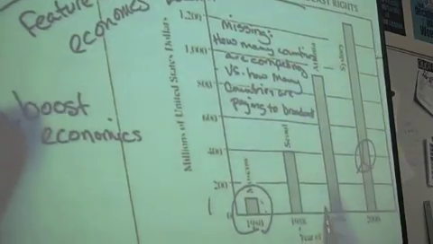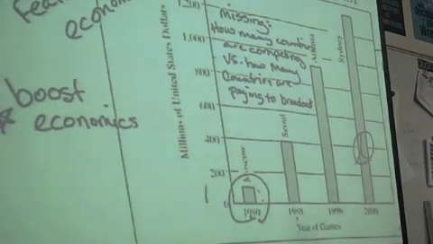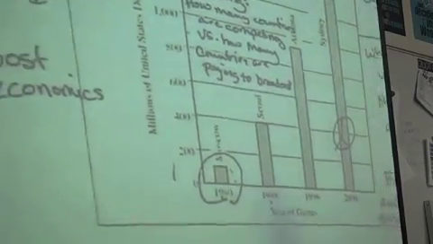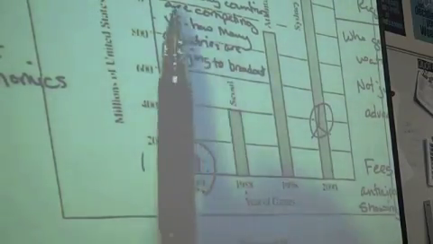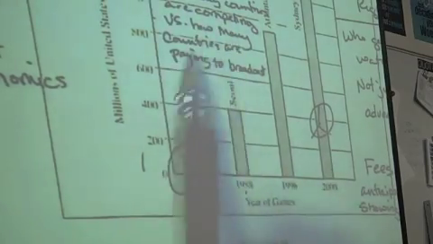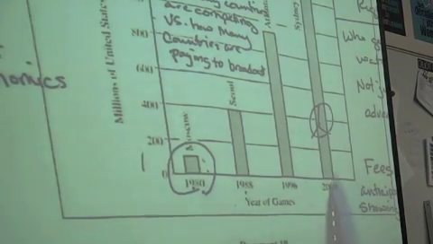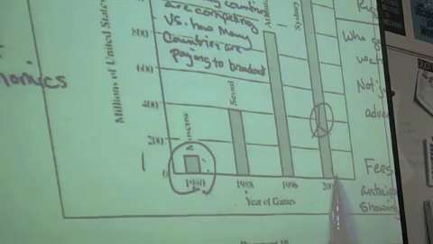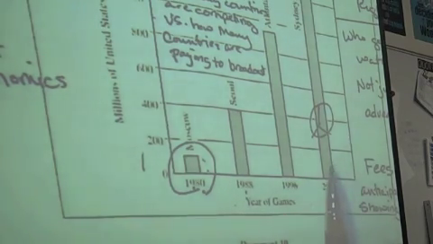There's a huge disparity between those two stats, because there's stuff left out: how many countries are competing versus how many countries are paying to broadcast. There's more technology, right? There's more people that have televisions that are going to watch this. So their fees are going to be higher because there's more TVs to watch.